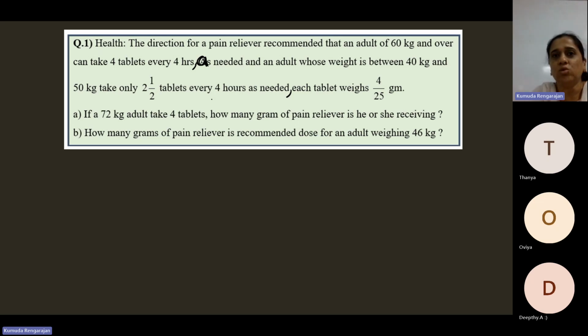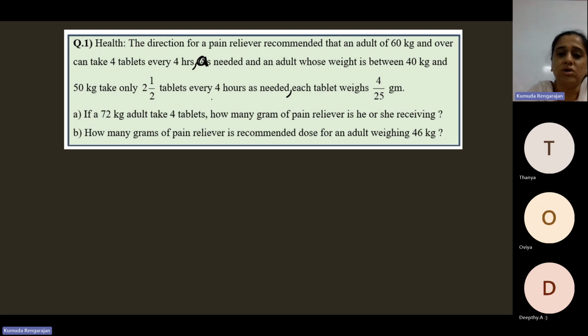If the person weighs 60 kgs or more than 60 kgs, then if at all he or she has to take a pain reliever tablet, the person can take 4 tablets every 4 hours. Not more than that. The person should not take more than 4 tablets every 4 hours.